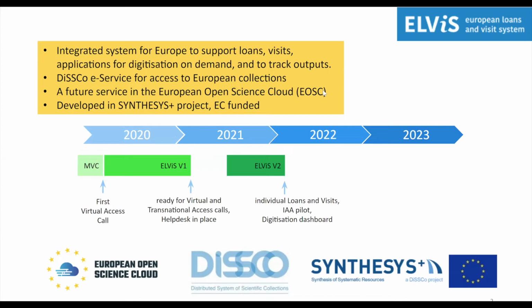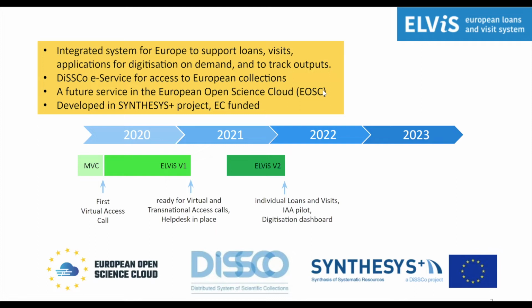We started development at the end of last year. The first product that we developed was a minimum viable product, so it is a little typo here. That was launched in February, that just had the minimum functionality that was needed to launch the first virtual access call in the Census project. And virtual access in Census really means digitization on demand.